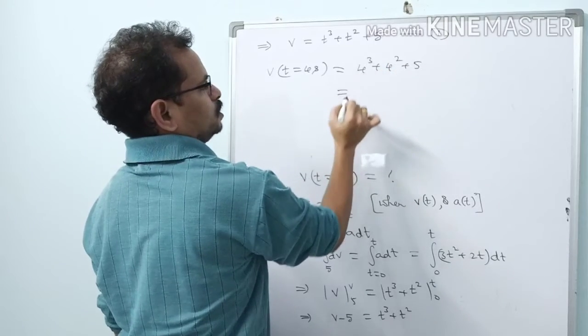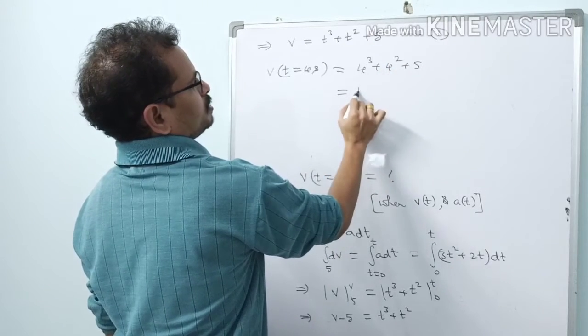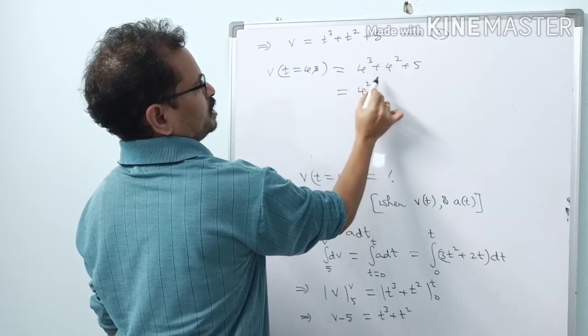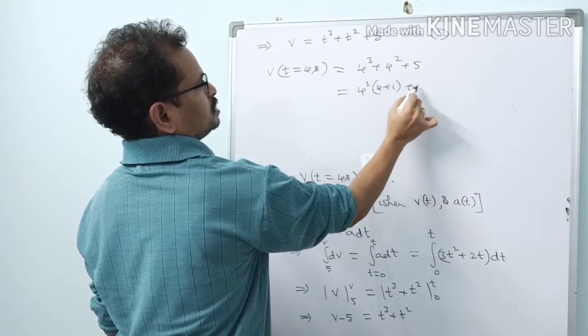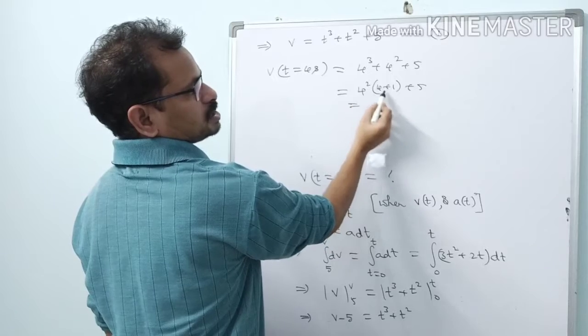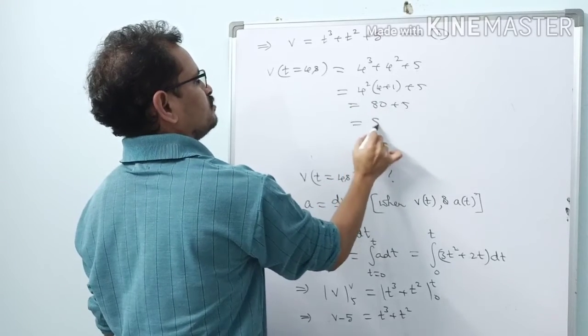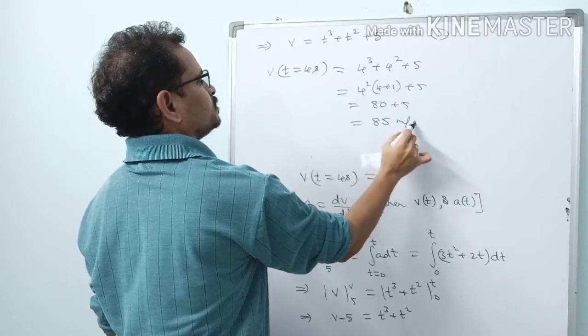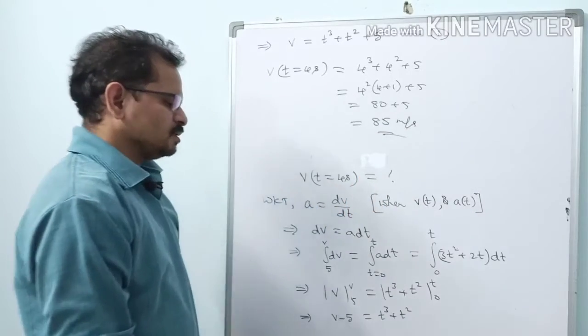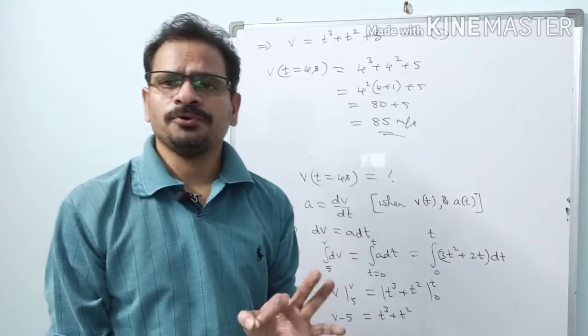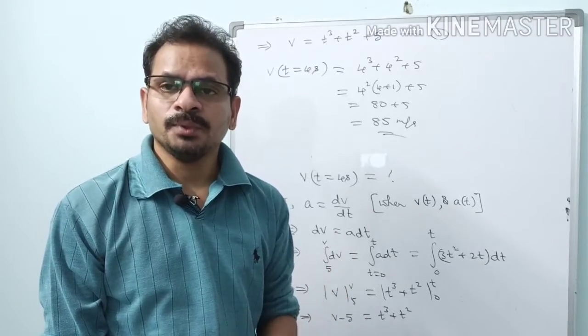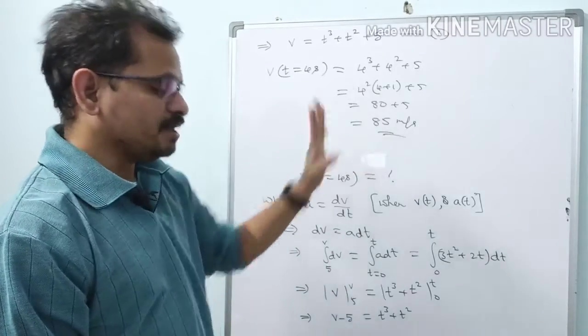Taking 4 square common, this is 4 plus 1, which is 5. So 16 into 5, 80, plus 5, equal to 85 meters per second. So when time t equal to 4 seconds, the particle moves with a velocity of 85 meters per second.